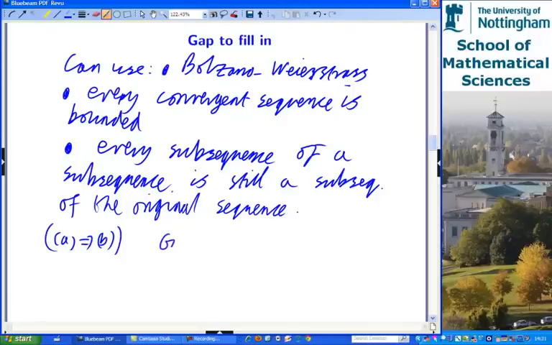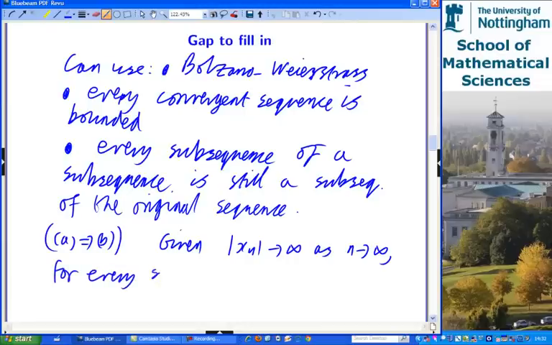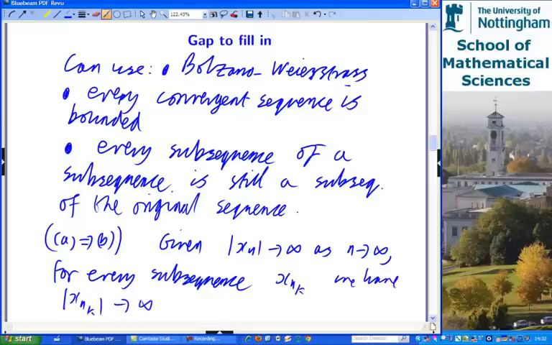Given that mod xn tends to infinity as n tends to infinity, I've already told you that every subsequence has the same property. For every subsequence xnk, we have mod xnk also tends to infinity as k tends to infinity.